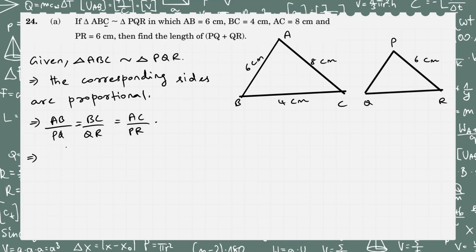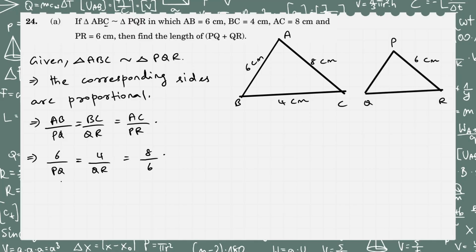So now let us put whatever values we know already. So AB is given as 6 and PQ is unknown. So let's keep it as it is. And BC is 4 and QR is unknown. So keep it as it is. And AC is 8 and PR is 6.